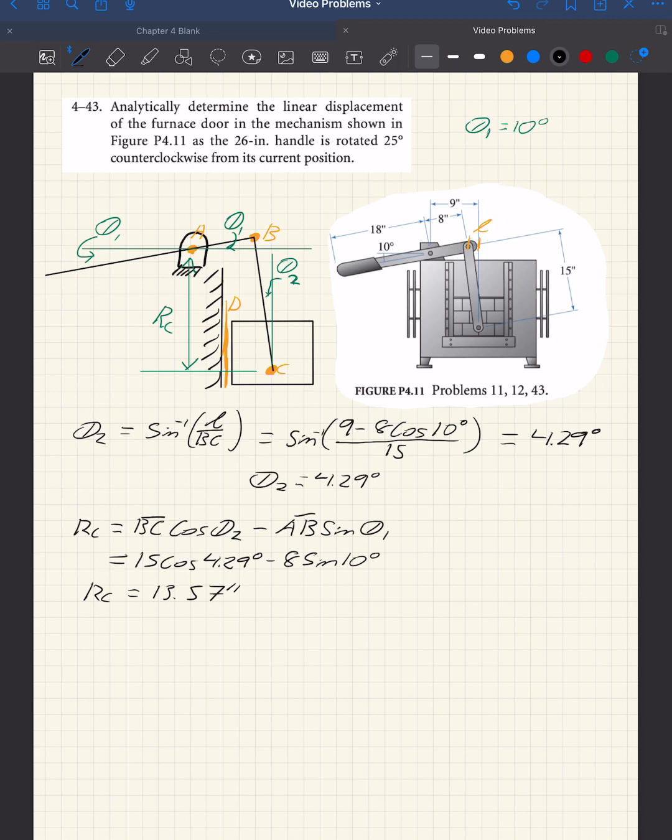So now we have our initial configuration, so we need to figure out our displaced configuration. The displaced configuration is nothing more than taking theta 1 and adding 25 degrees to it. So now theta 1 is equal to 35 degrees. And we just run through the same set of calculations we just did.